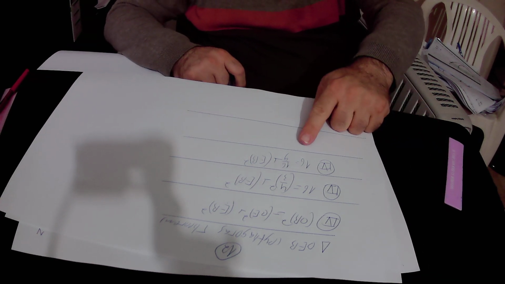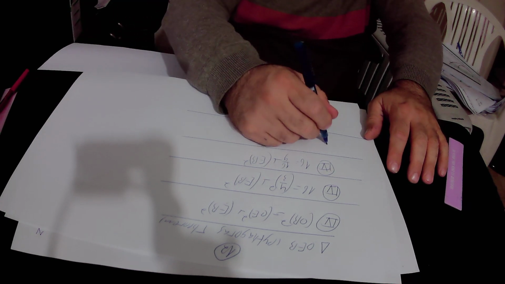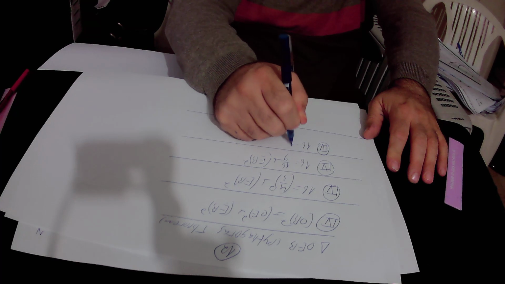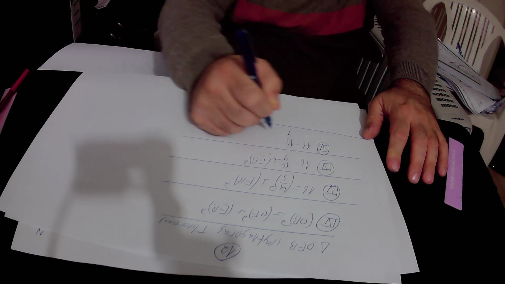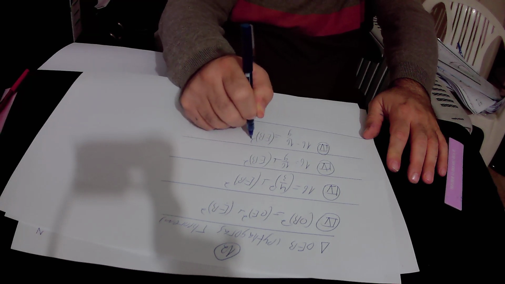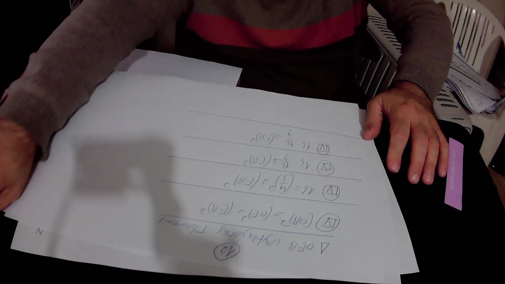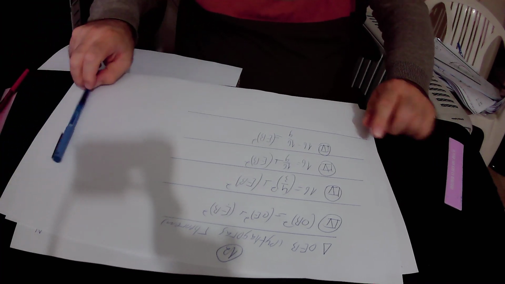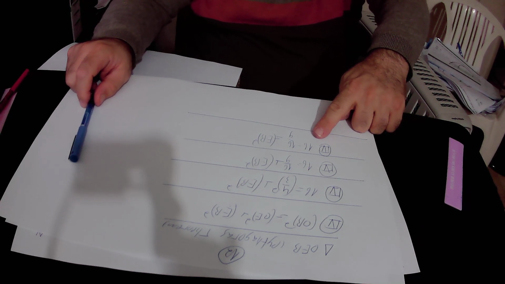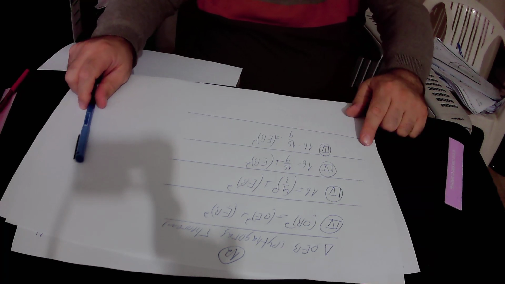We will subtract 16 over 9 from this equation number 4, and we will get that 16 minus 16 over 9 equals EB square. Here we will multiply 16 by 9 and then divide it by 9 in order to have a common factor with 16 over 9.